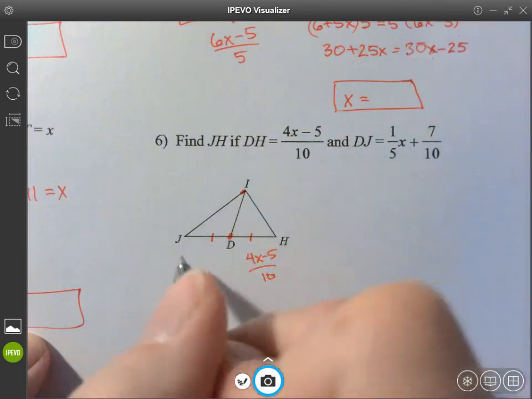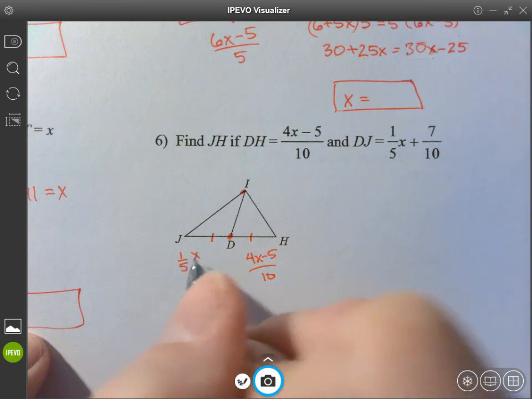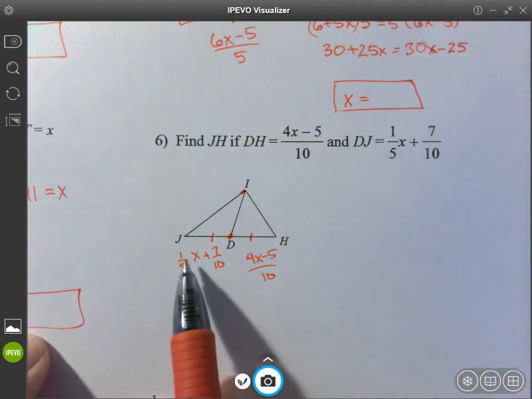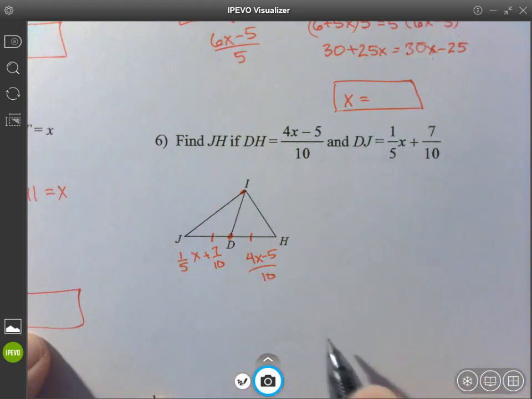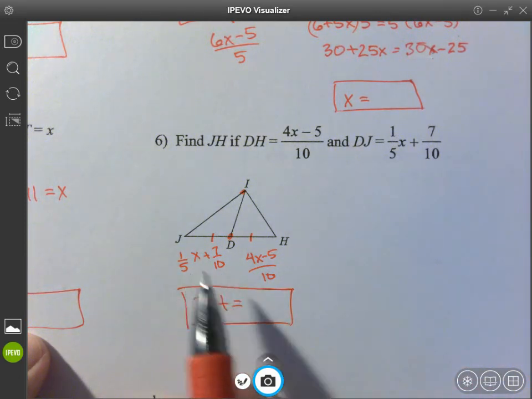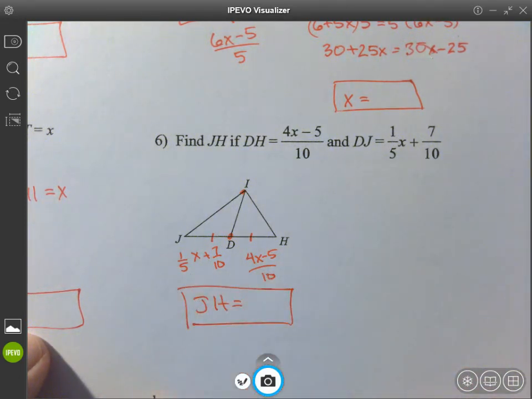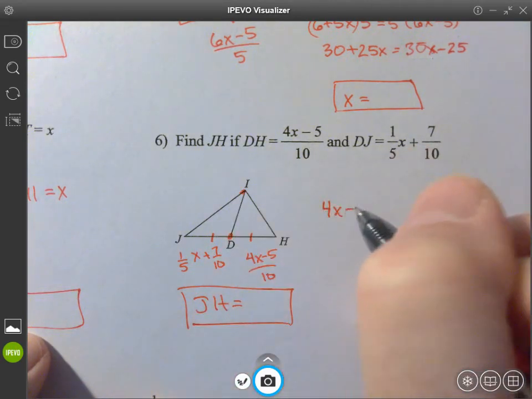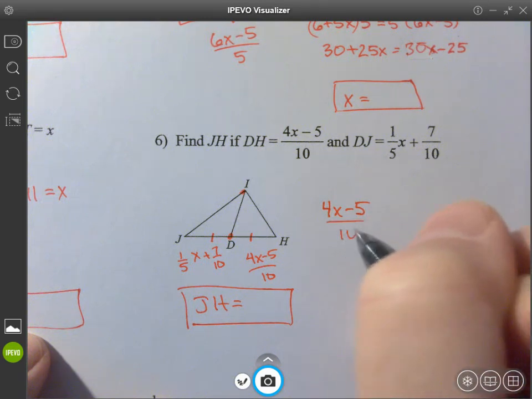And DJ is 1/5 x plus 7/10. Okay, we don't know what the whole thing is, but it does want me to find JH. JH is the whole thing. So I'm going to find out what each piece is, or know that I'm going to double it. All right, so these are going to be set equal to each other, which is not as easy as the other ones.